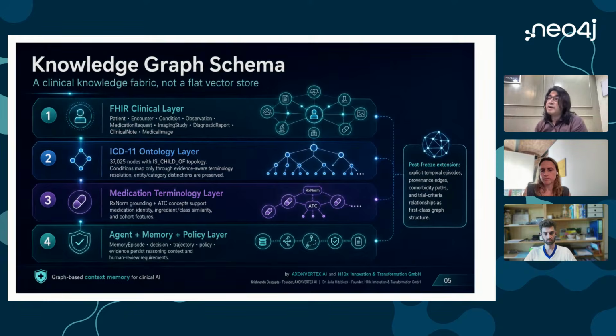The interesting part from the engineering side comes with the agent memory and the policy layer. This is where we look into a memory episode. Now, what is a memory episode? As I said, this particular framework that we're talking about is not just relevant for medical, it is very much relevant in cybersecurity as well. Every time a certain function has happened, you create a memory episode for that when the agent interacts.